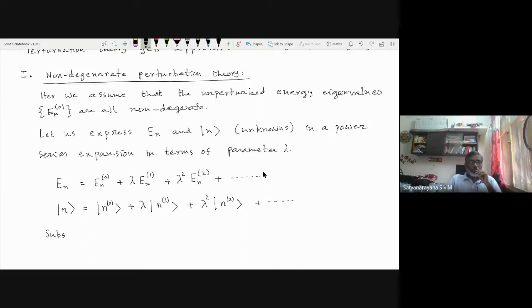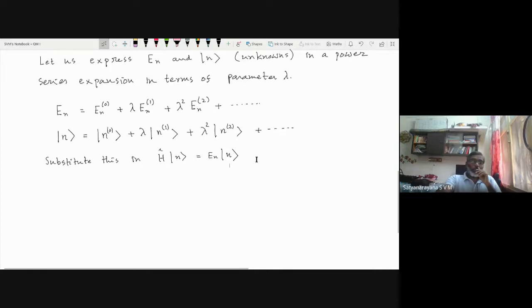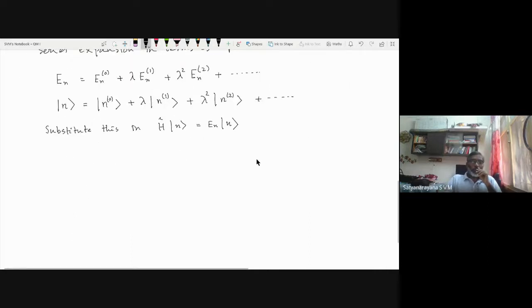this in the equation H n is equal to En n. Now we have to be a little bit careful in bookkeeping. What is my H?